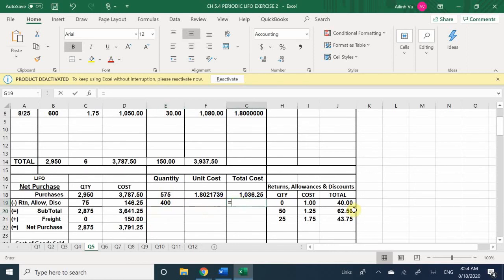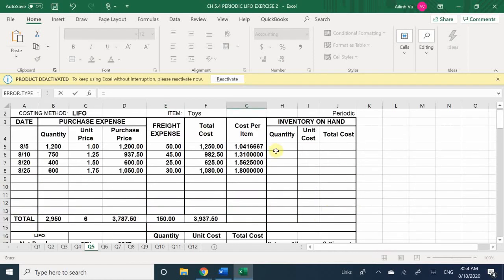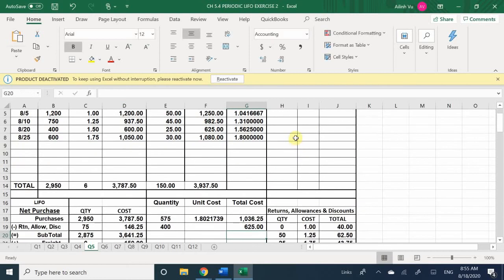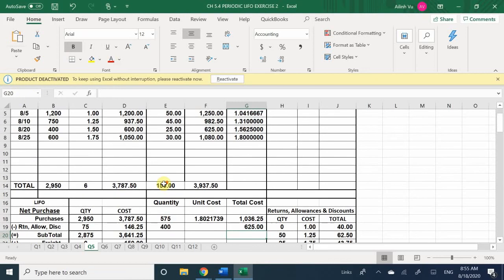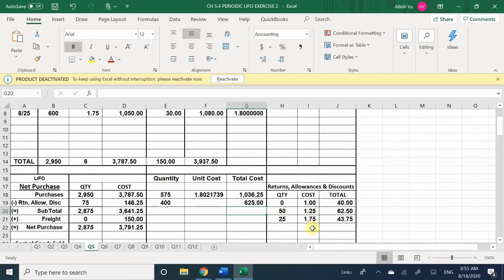So we can automatically assume we just take the whole amount over here for 625. Now, is there any returns and allowances that affected that batch, the previous batch? No, we didn't, because this is for the first one, this is for the second one, this is for the fourth batch that we have.